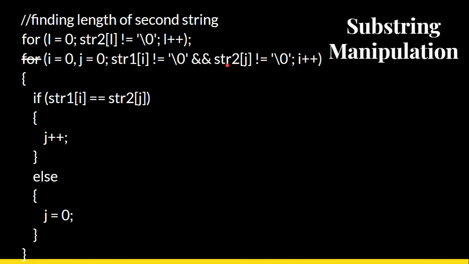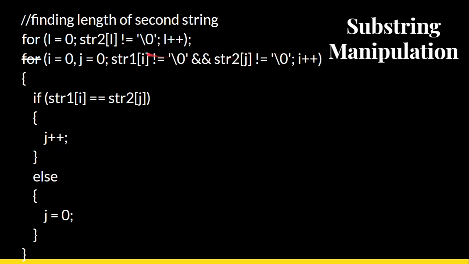That means string 2 is also not completed. That means if both strings are in the starting position or in the middle position but not completed, you have to check the substring, and also that is till the end of the first string. That means both strings should reach the end of the string.